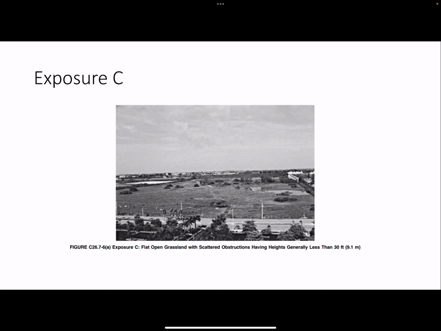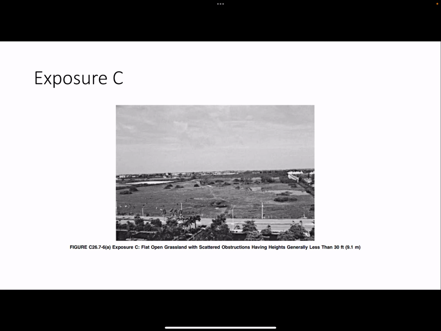And then I mentioned that even though there are some areas within Bozeman that it's arguable could technically fall into the exposure B category, because the code says exposure C, the minimum requirement is to use exposure C. That being said, as the structural engineer of record or the design engineer, sometimes you can argue your case if you believe it should be something different from the code that's less conservative but more accurate.